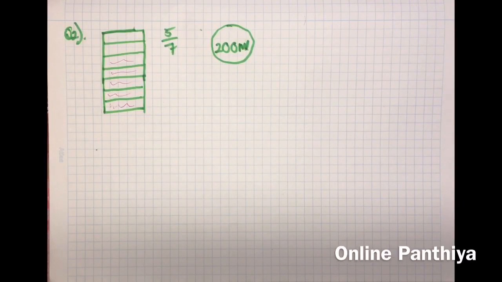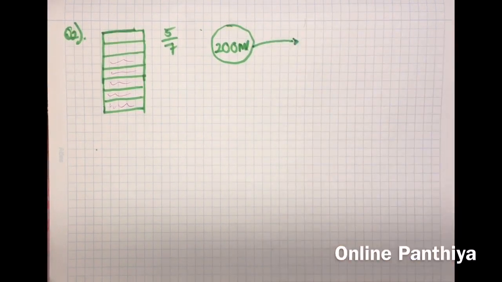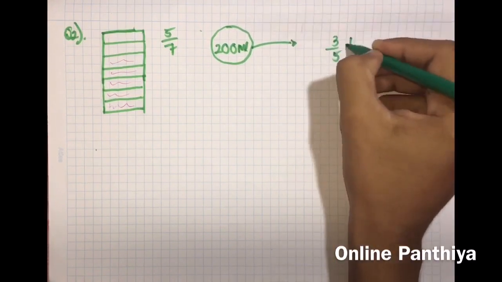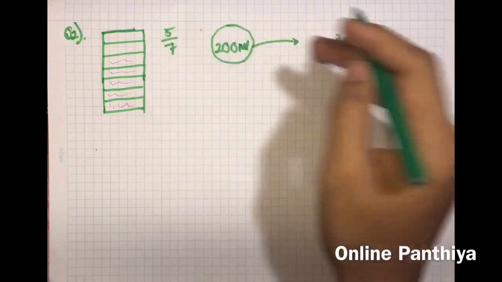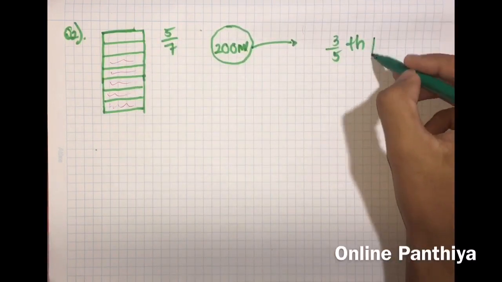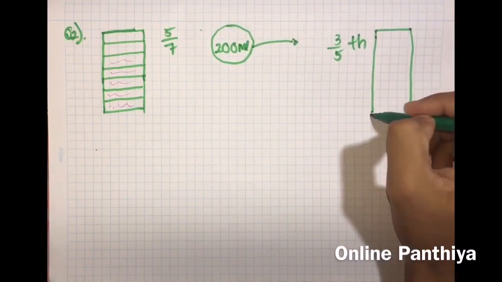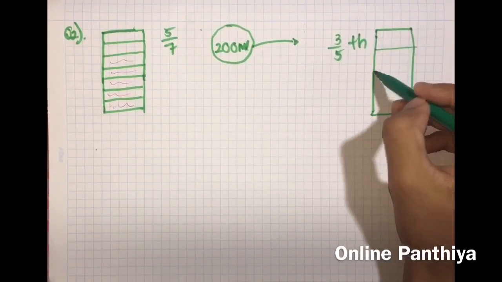Okay, now what happens is that after consuming, the amount remaining in the whole tank is 3/5. Now after you consume this amount, the total amount remaining in the tank is 3/5. That means they are speaking of the same tank, same height, but this time the total tank is divided into how many parts?